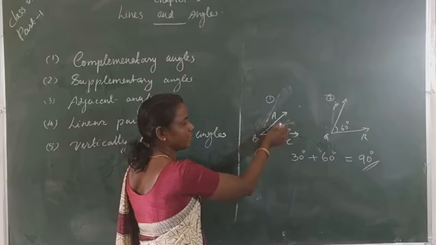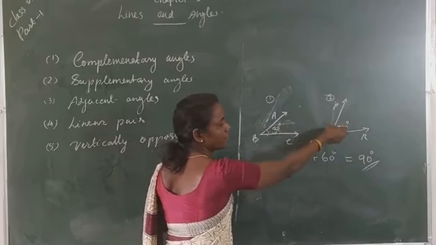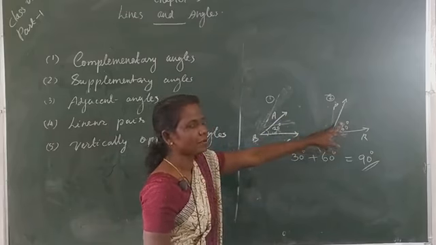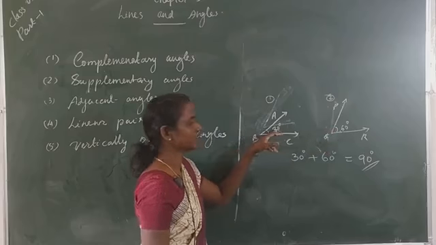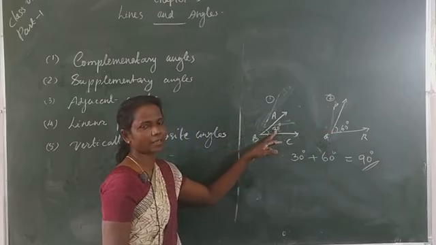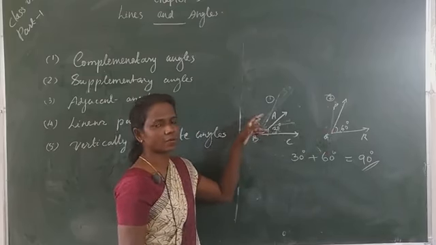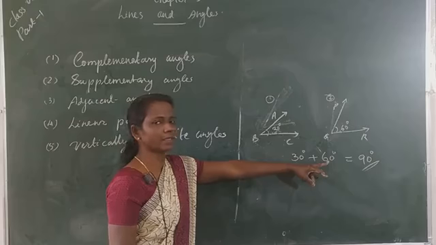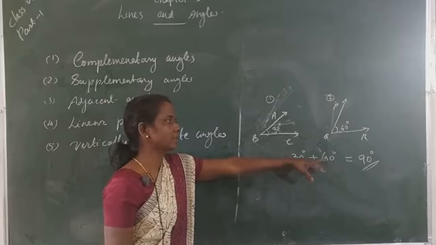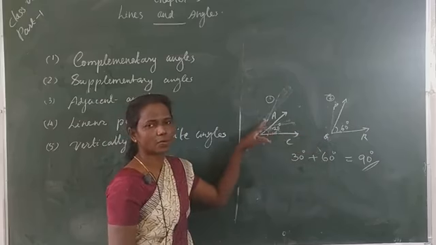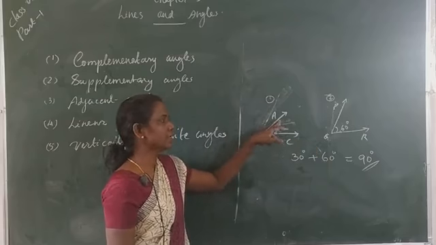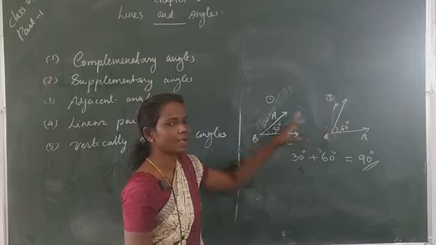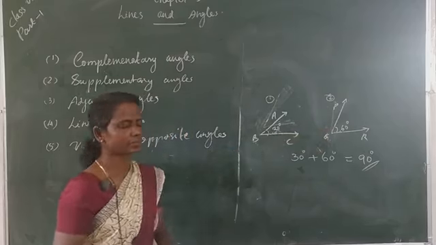This 30 degree angle is the complement of the 60 degree angle, or the 60 degree angle is the complement of the 30 degree angle. Do you understand what complementary angles are?